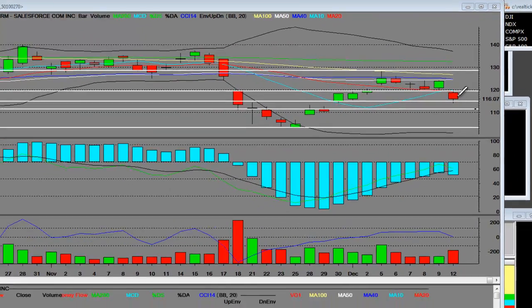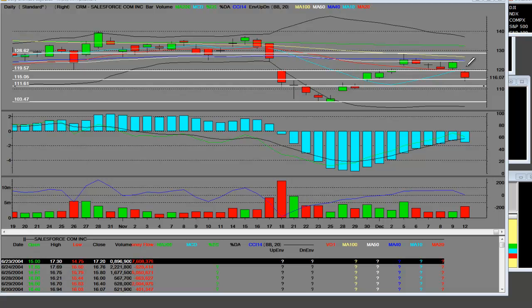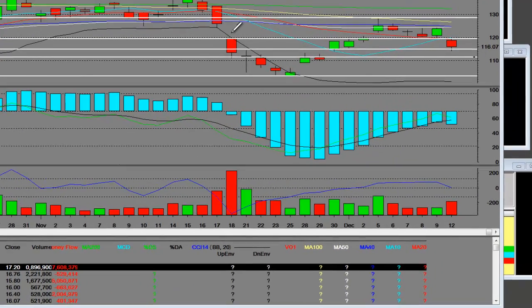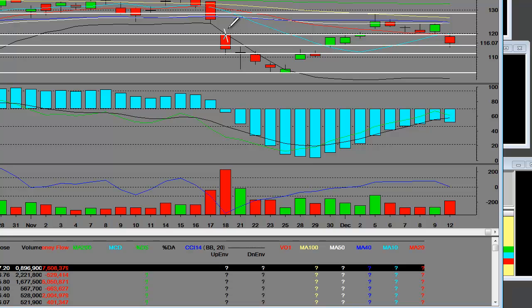So any move up in Salesforce to the upside is trading that short squeeze at times, because it does have price volatility to it. I would set my shorts up there right below this trend line as my best opportunity. That is also part of the high of this bar right here, the value of this bar.